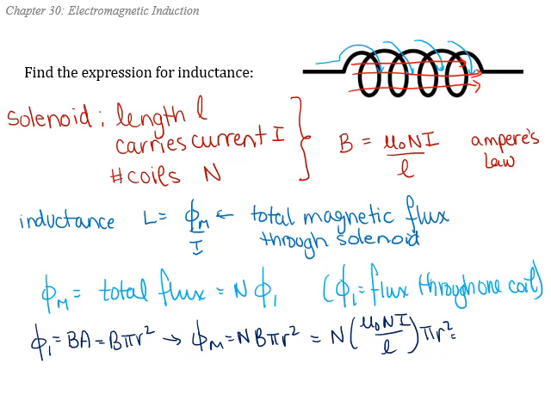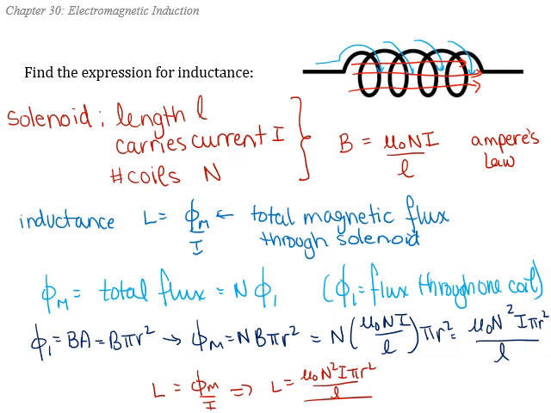And we're left with the expression for the net flux through the solenoid or the inductor: mu naught N squared I pi r squared over L. So then my inductance L is equal to my net flux divided by the current I. So L is equal to mu naught N squared I pi r squared over L, all divided by I. You see that the current cancels, and we're left with our final result: L equals mu naught times N squared times pi times r squared over L. So the inductance of any particular inductor depends only on the physical parameters of the inductor. How big is it, how long is it, and how many coils does it have?